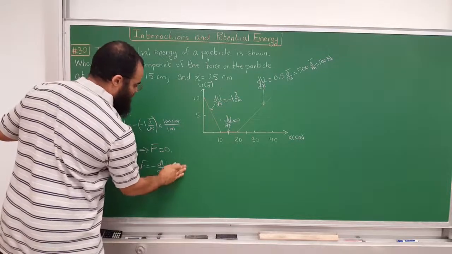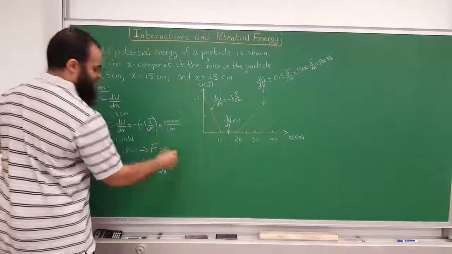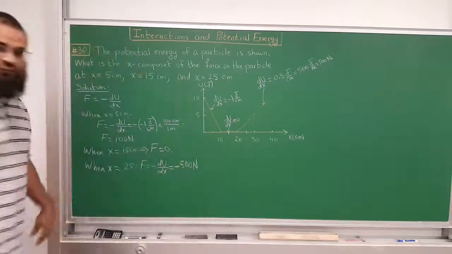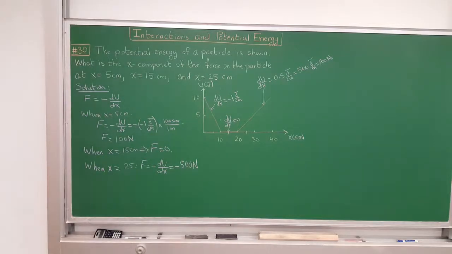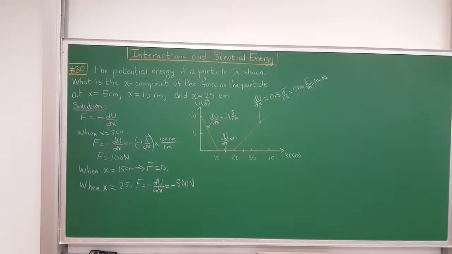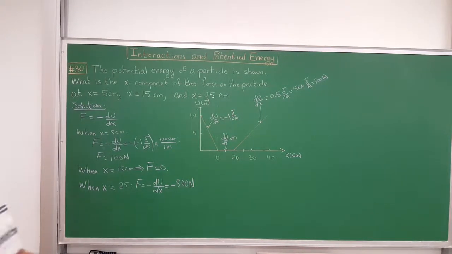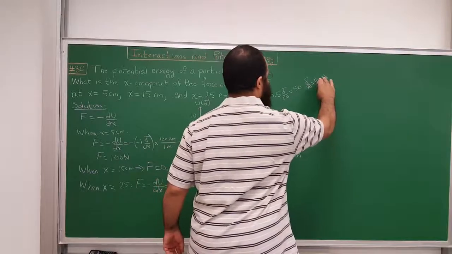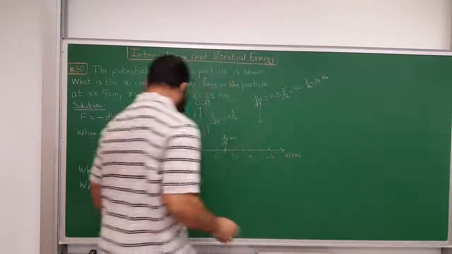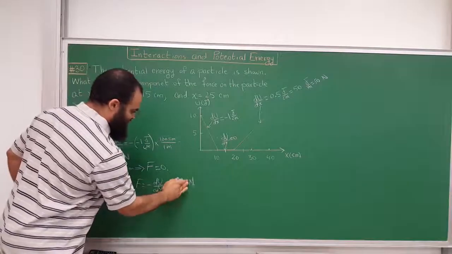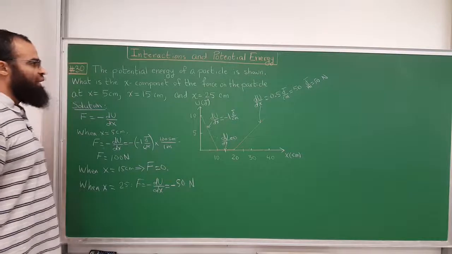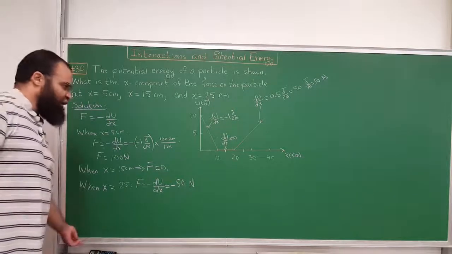So it's minus 500 newtons. All right. I will just double check my numbers. Okay, just one mistake. 0.5 times 100 is actually 50, not 500. So that's why I always double check. Looks good. And all right, let us go to the next example.